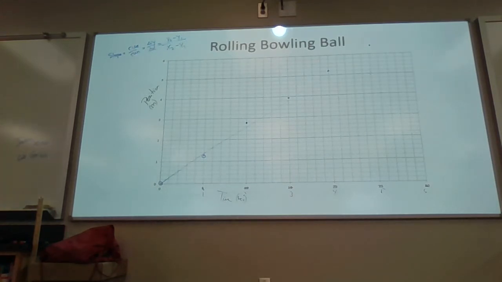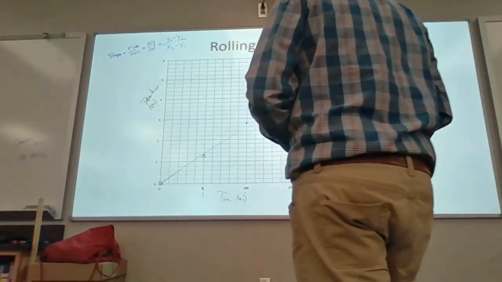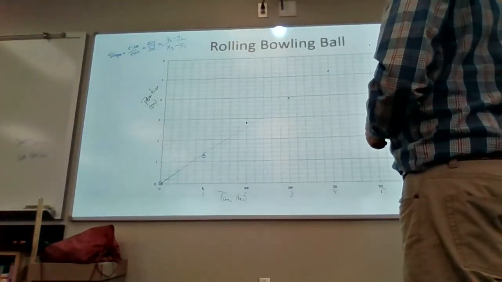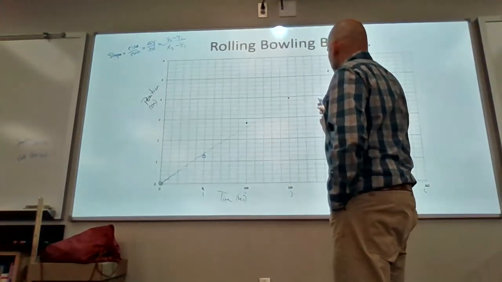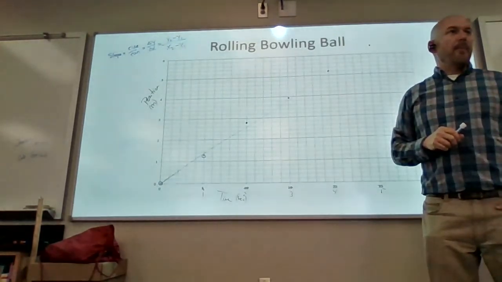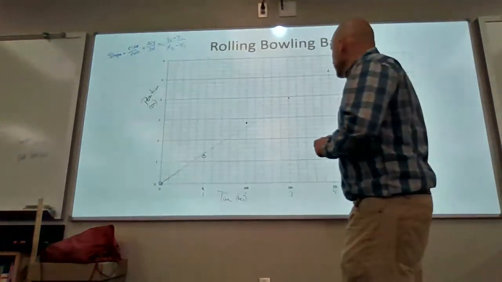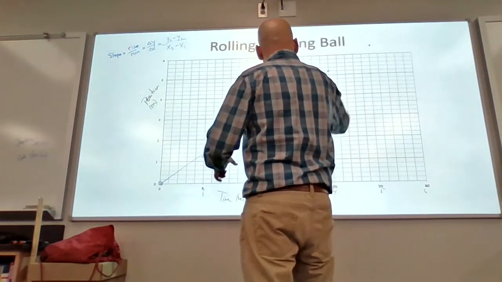Okay, now we're going to find the slope of this best fit line. I'm going to pick points that the best fit line crosses the grid perfectly. The best fit line takes the average of the data.